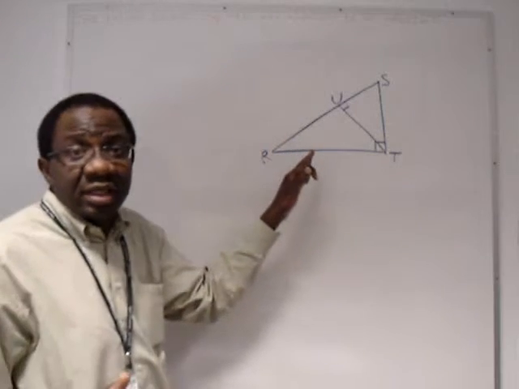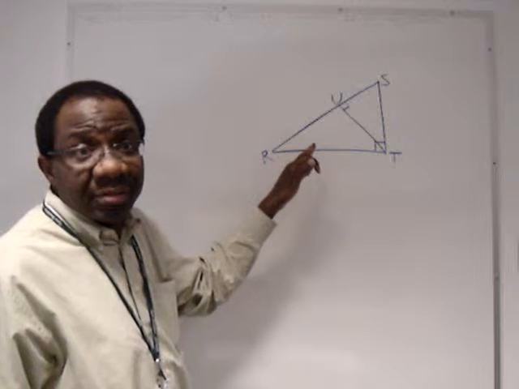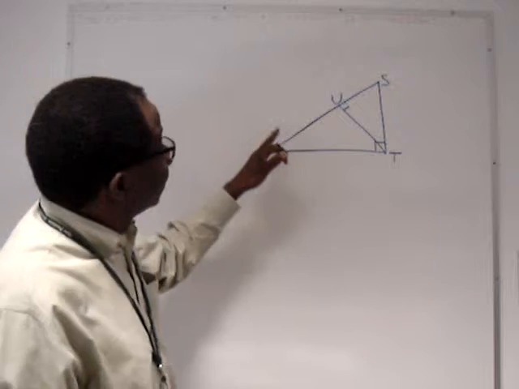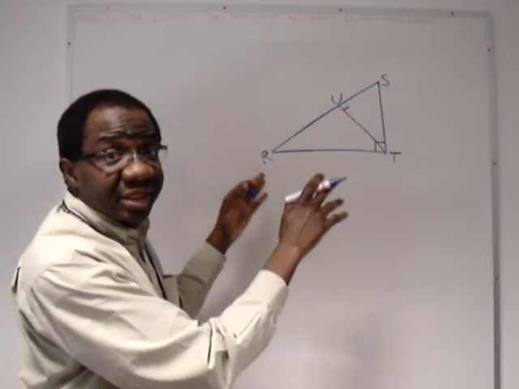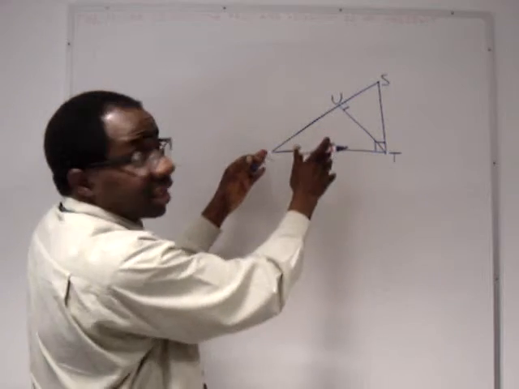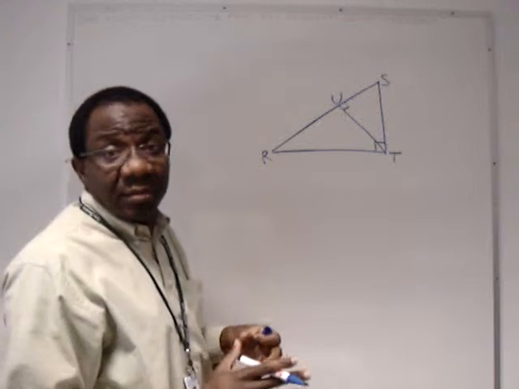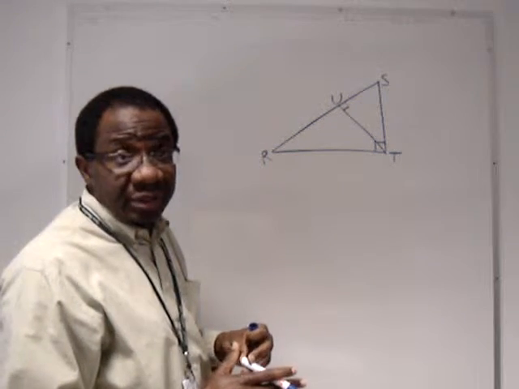Rachel, this is an example in your book at the bottom of the first page. It tries to make you identify the similar triangles in this diagram based on the theorem that we talked about earlier on.